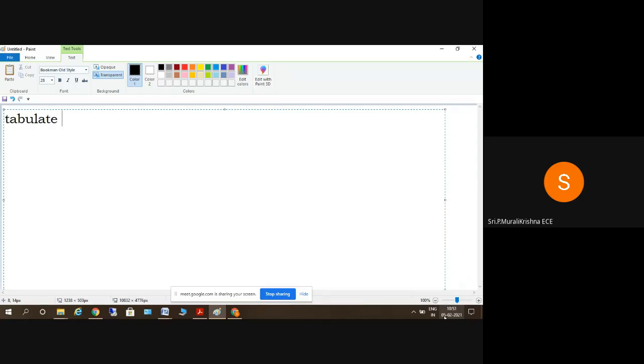Take down the problem. Tabulate the PAL programming table for the following Boolean functions.